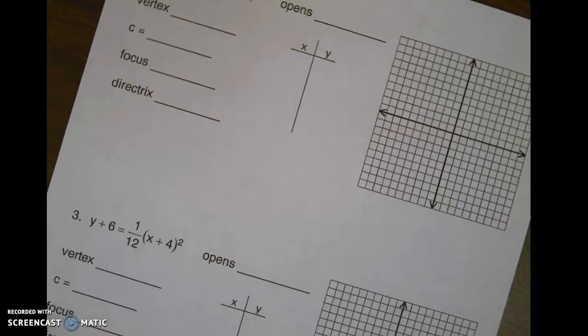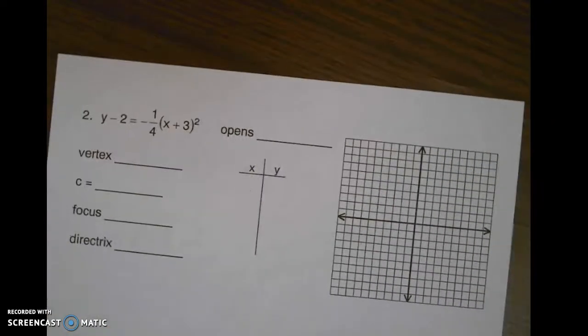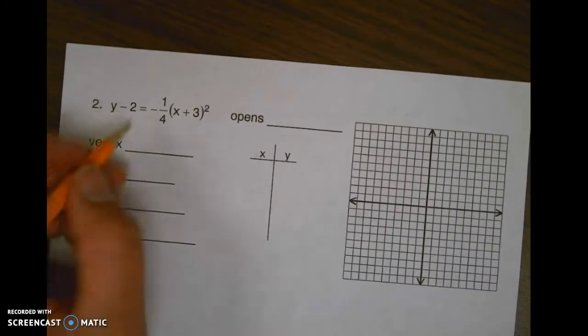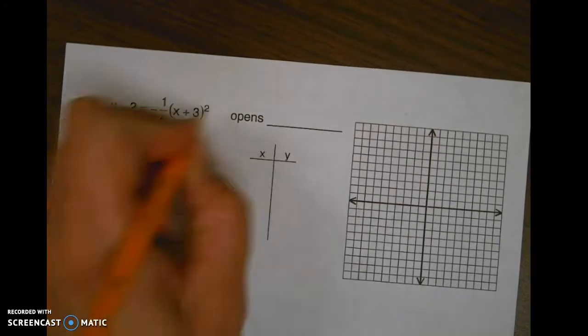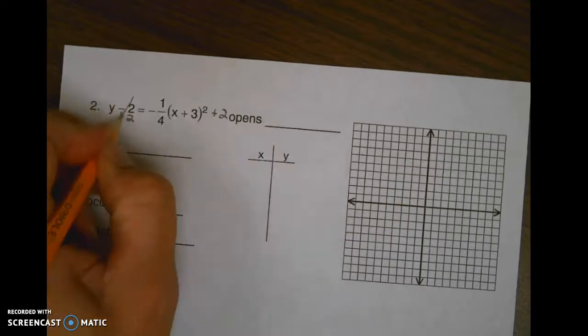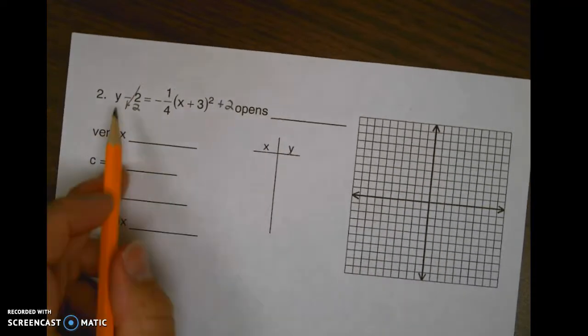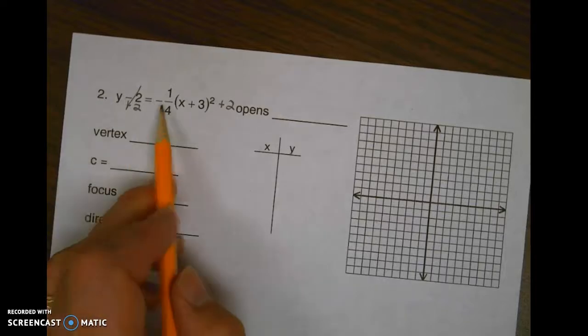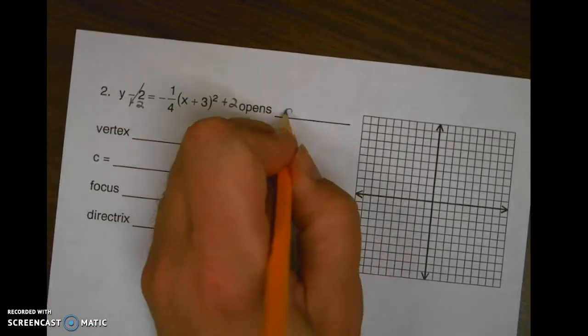So now let's take a look at another example. Personally, I like to move this 2 onto the other side, and even though they call it vertex standard form, that's vertex form to us. Our a value is negative, so it's going to open down.